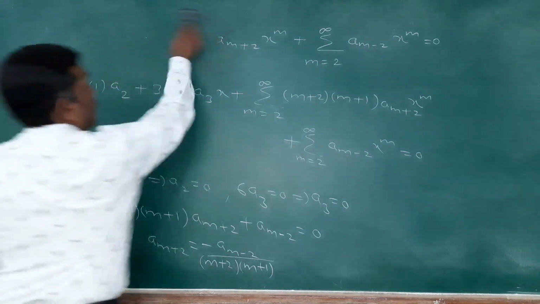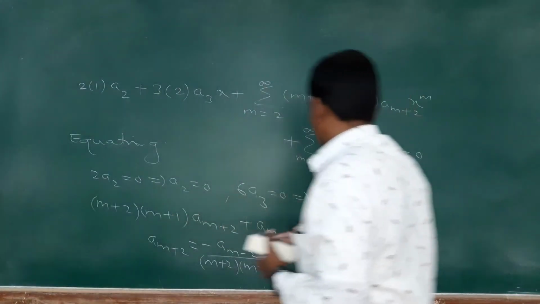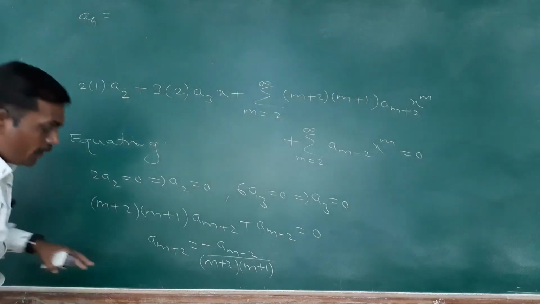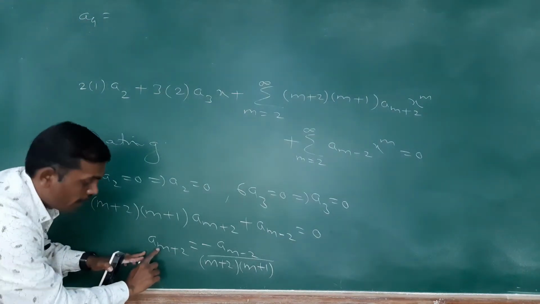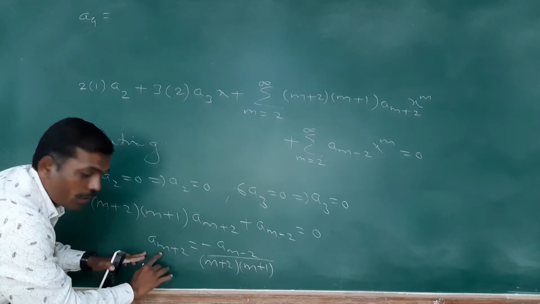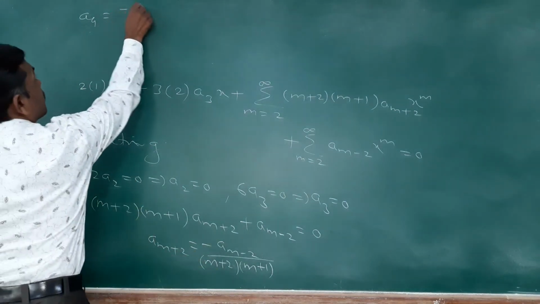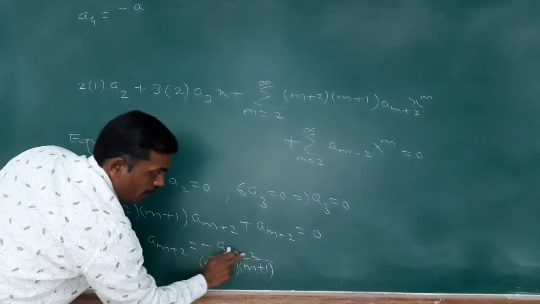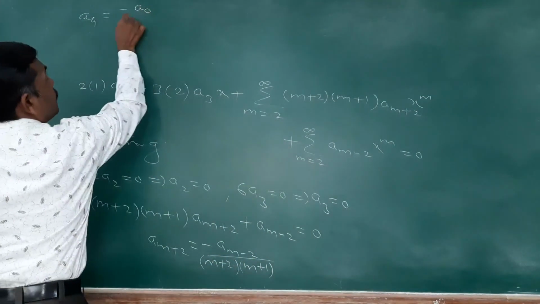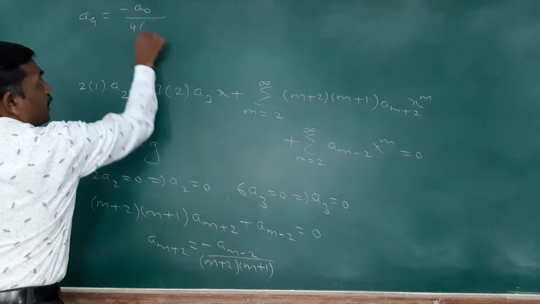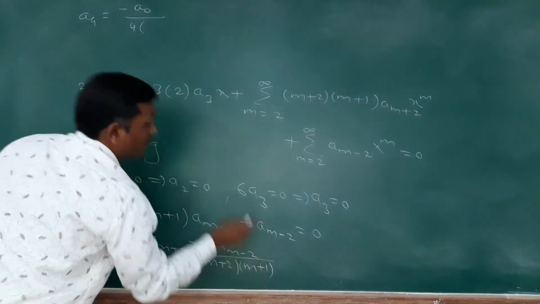So here a4 is equal to, in this put m equal to 2. So 2 plus 2 is 4. What I get? a4 is equal to minus a_{2-2}, that is a0, upon (2+2) into (2+1), 4 into 3.